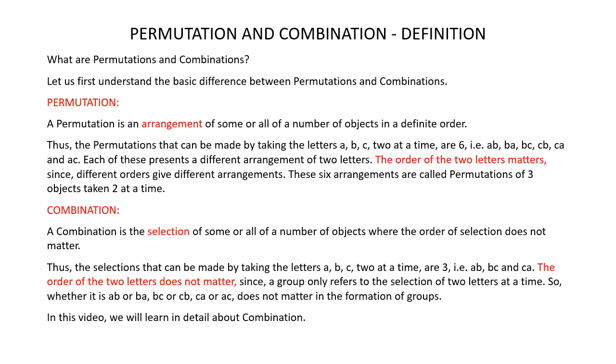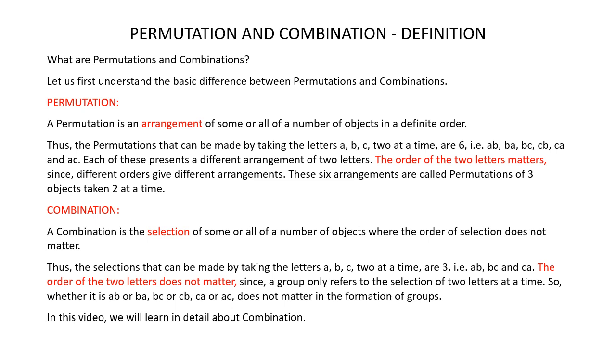So, in permutation, the order of the two letters matters since different orders give different arrangements. Now, these 6 arrangements are called permutations of 3 objects taken 2 at a time. So, permutation is arrangement and the order matters.